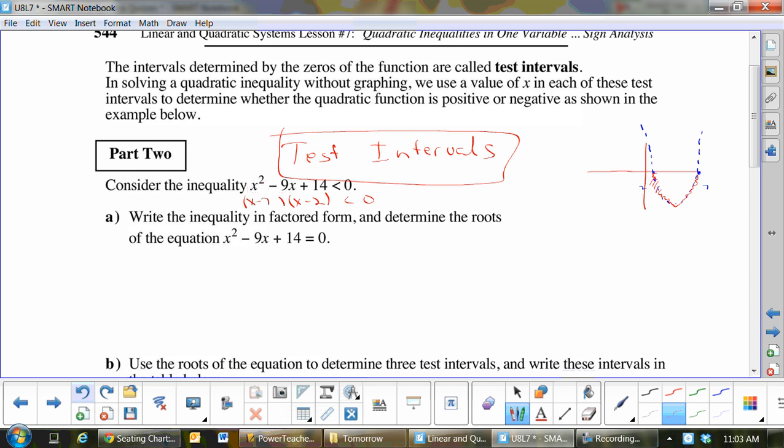Now, do you see the x's that belong to those points? They would be these, right? That's your answer. Just by looking at the graph, can you describe the answer to me? x has to be greater than 2 and less than 7.